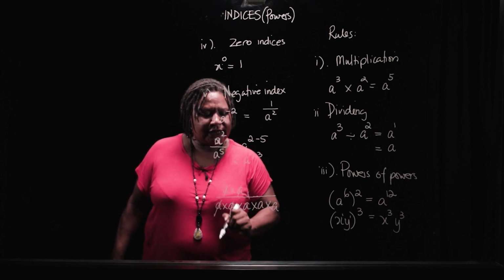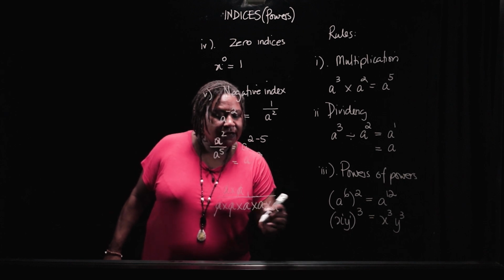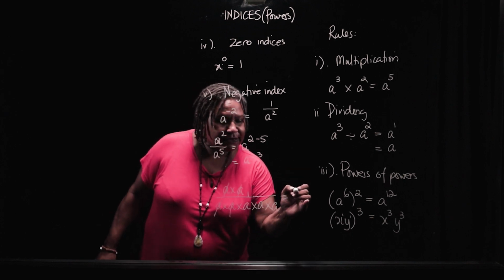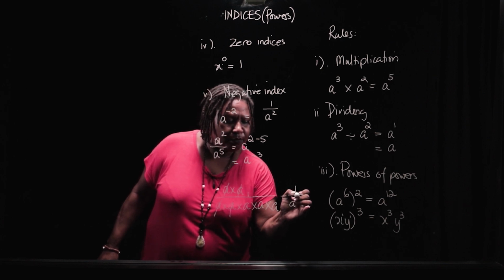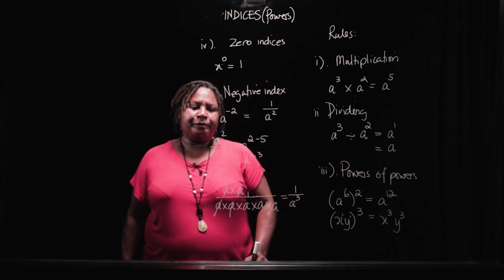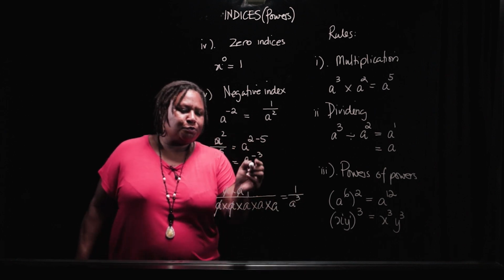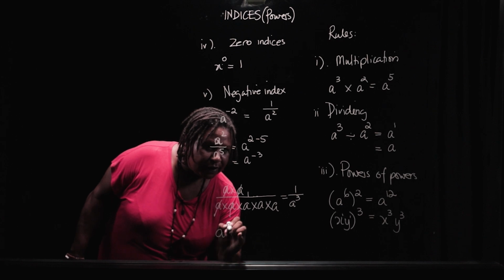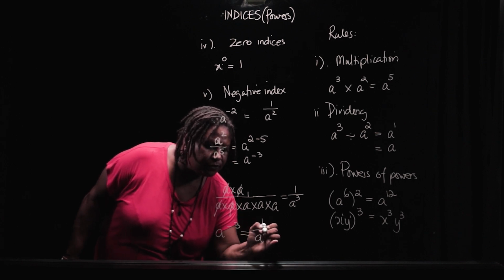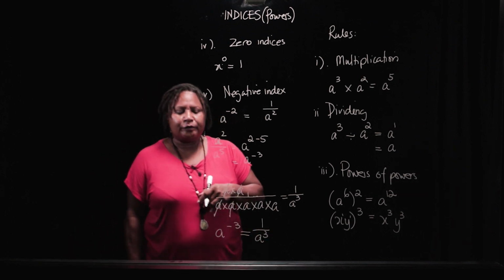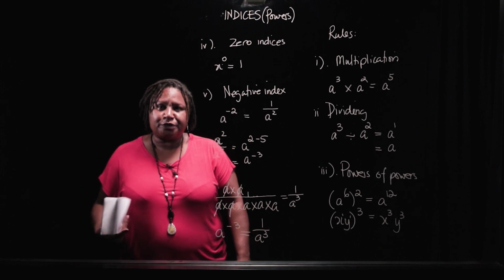I'm left with 1 in the numerator, and in the denominator a multiplied by itself 3 times. So I end up with 1 over a to the power of 3. Same question, slightly different answers, which means that a to the power of negative 3 is the same as 1 over a to the power of 3. So a negative index is positive when you take its reciprocal.